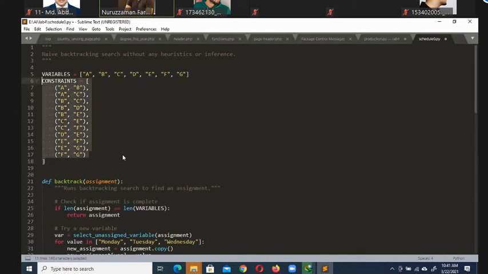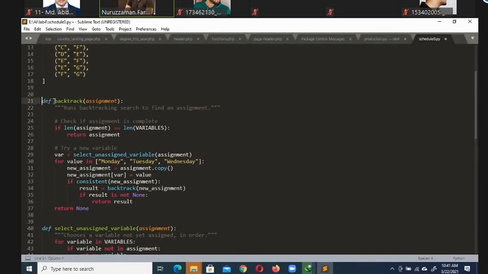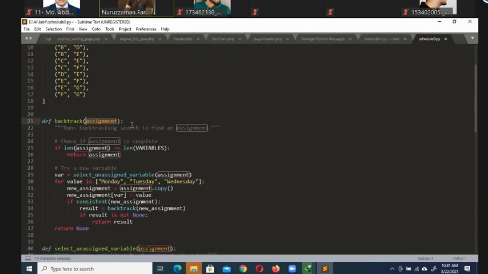These are our constraints. And after that, we define the backtrack algorithm. The backtrack algorithm takes the assignment. So whatever problem we pass to it, assignment means, think about it, that I assign some assignments to you. What is the assignment? The assignment is some sort of problem.